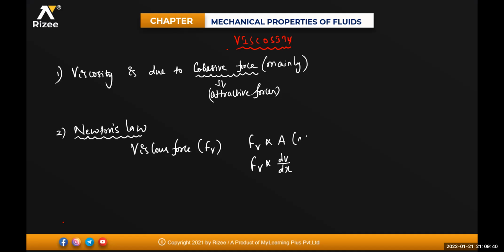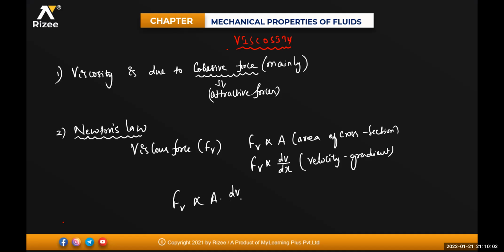A is your area of cross section, and dv by dx is your velocity gradient. Combining these two, viscous force is proportional to area of cross section into dv by dx.